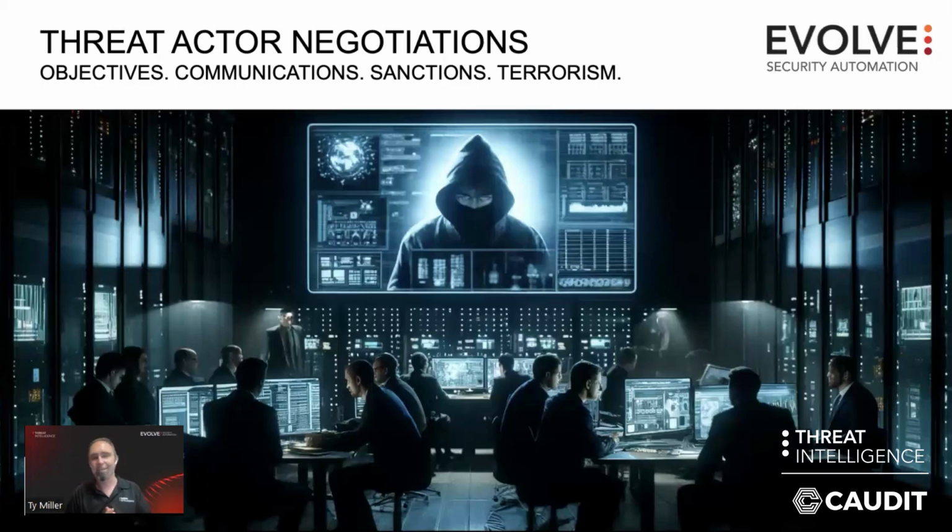The other landmine is around threat actor payments. Currently payments are legal. However, now you need to start taking into account things like sanctions.